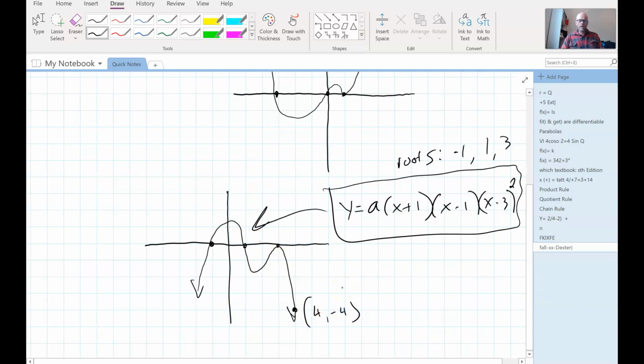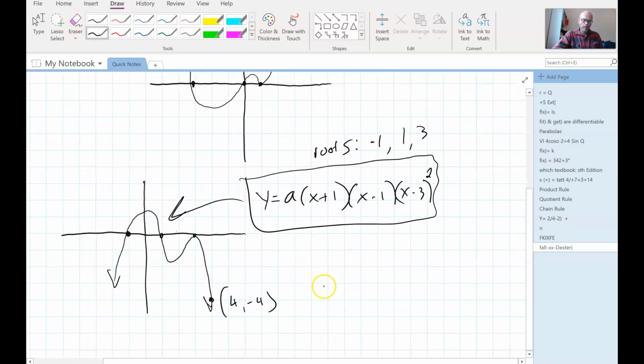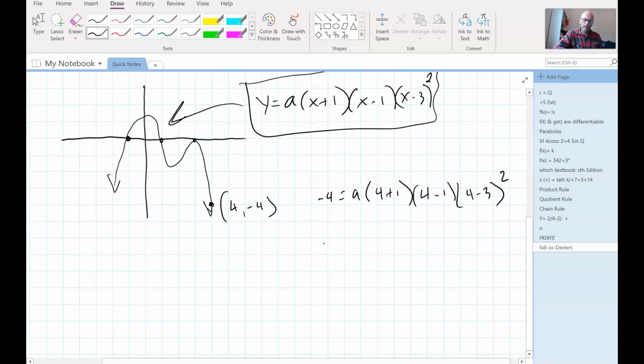So that gives us information on possibly how to find the a. So then we would replace y with -4 and replace x with 4. 4 plus 1, 4 minus 1 and 4 minus 3 squared. So when we do that, we get -4 is equal to a. 4 plus 1, of course, is 5. 4 minus 1 is 3.